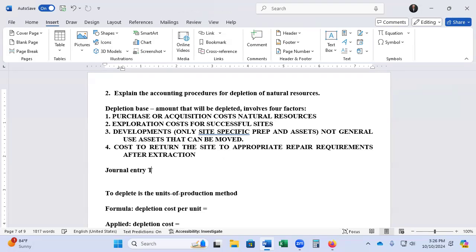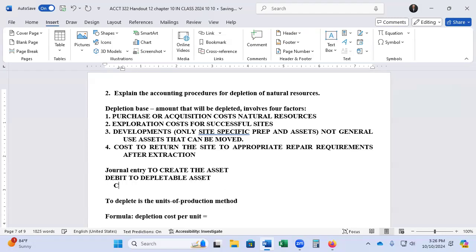So journal entry to create the asset would be a debit to depreciable or depletable asset. And a credit to cash, wages payable, accounts payable, etc.